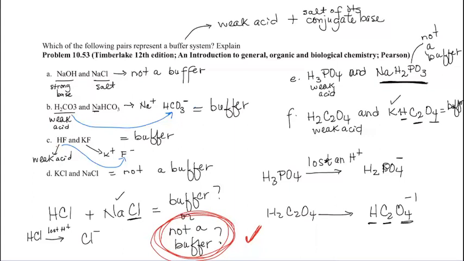Then if we find out that it has a weak acid, then that second formula, we're breaking it down where it loses a hydrogen ion. If it loses a hydrogen ion and it matches that formula, then it is a buffer. Correct. And that's a good further strategy for doing this problem in the exam.